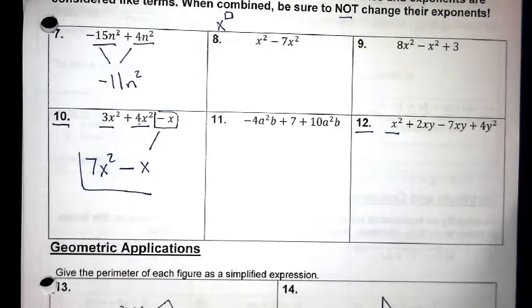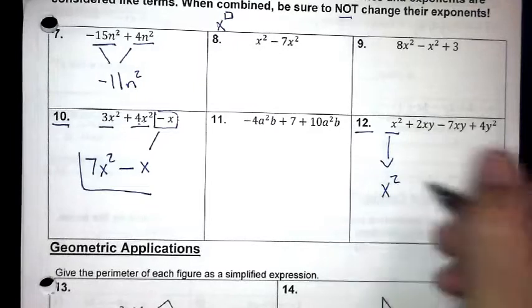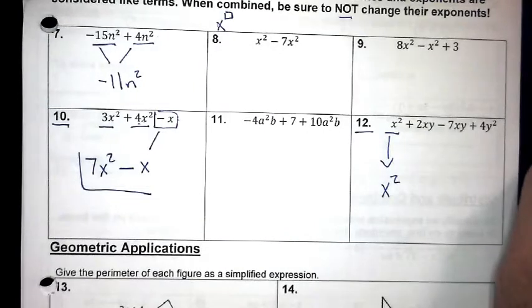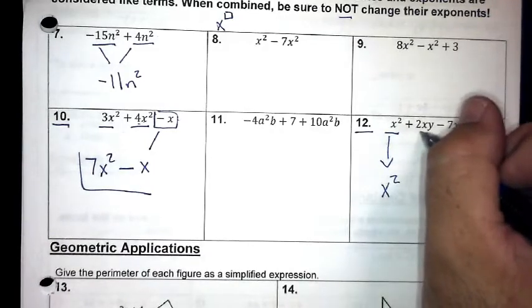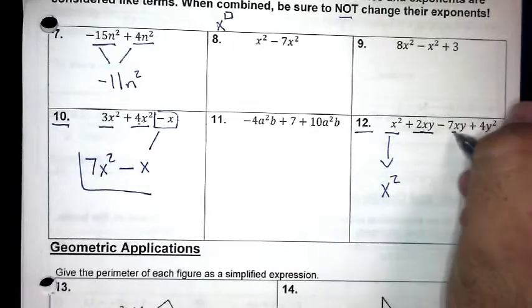Just bring it on down. Now remember, the whole important thing is to be in alpha order. Alpha order. This has an x first. That has an x first. So now I'm going to look at these two here. Okay, x, y, x, and y.